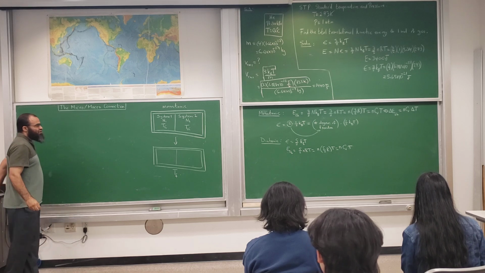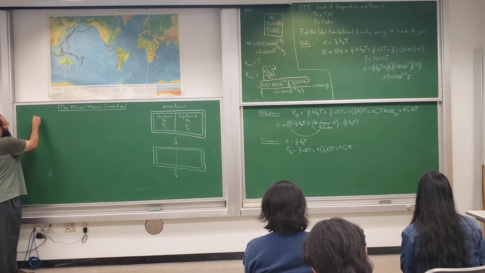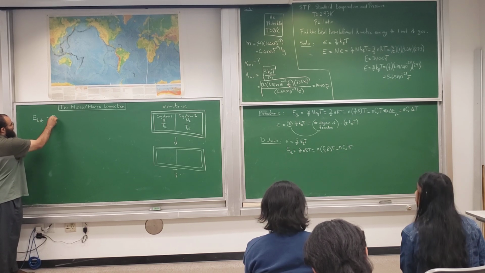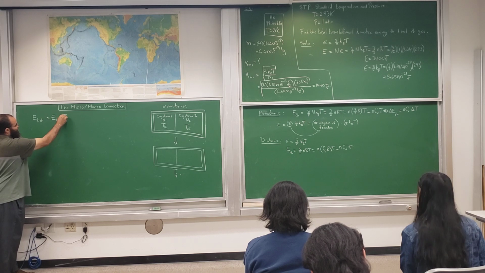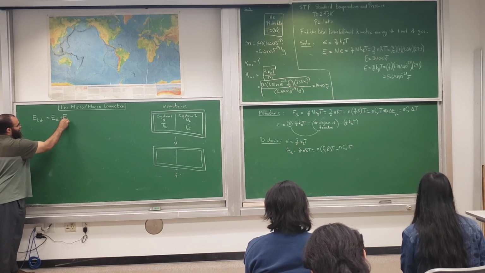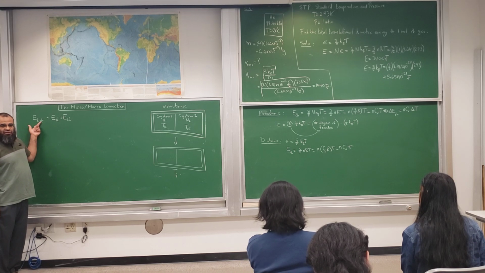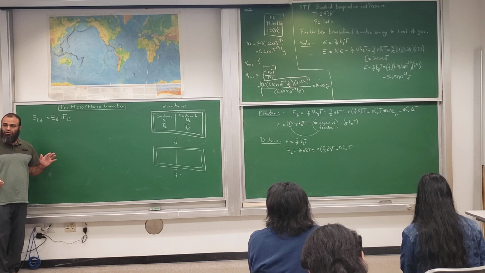We're going to ask, what's the total energy of the two systems? Well, it would be the total energy of system 1 plus the total energy of system 2, initial. And the total energy is going to be constant. The total energy of both of them combined is going to be constant. Do you know why?